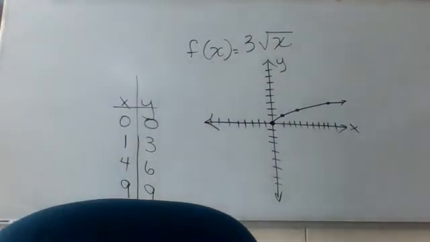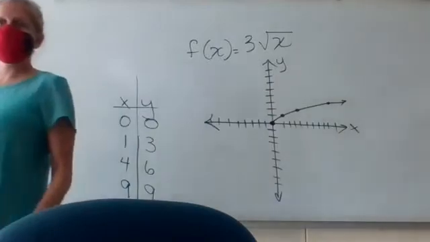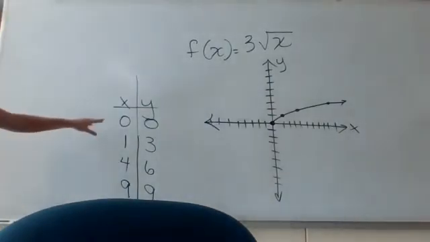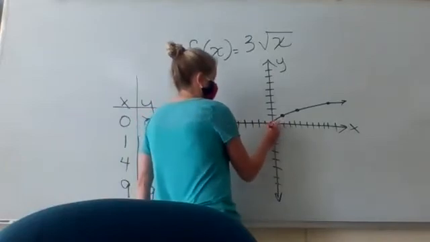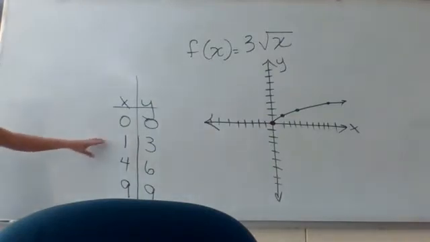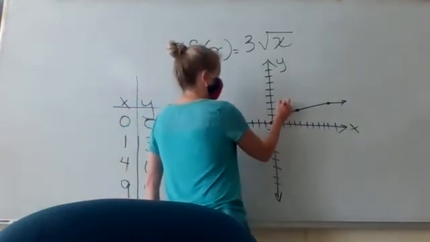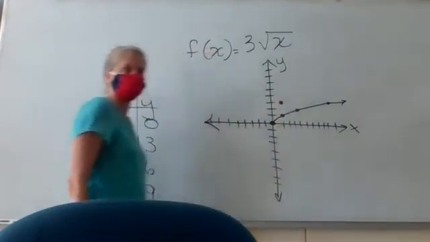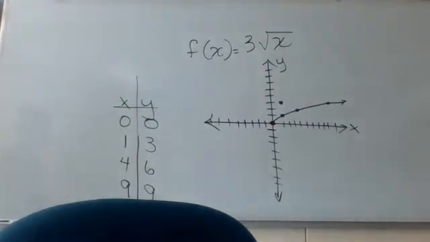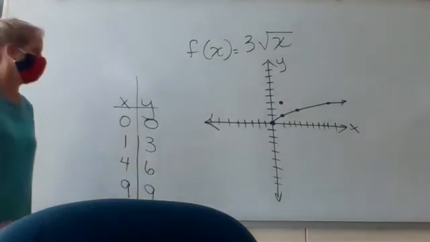So let's plot those 4 points and compare it. I'm going to draw this one red so I can compare it and see what this 3 did to my square root graph. So let's see, I still have a point at 0, 0, so that hadn't moved. But my next point is at 1, 3. So to the right 1 and then up 3. My next point is at 4, 6.